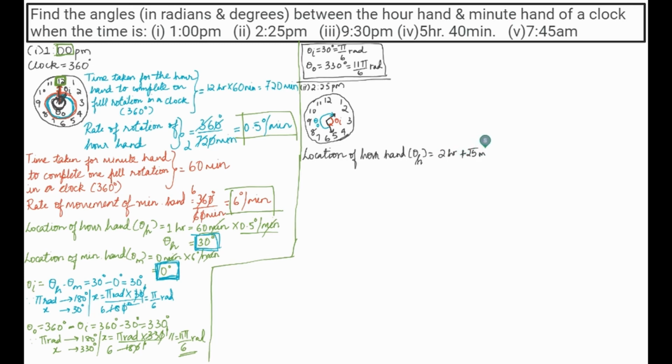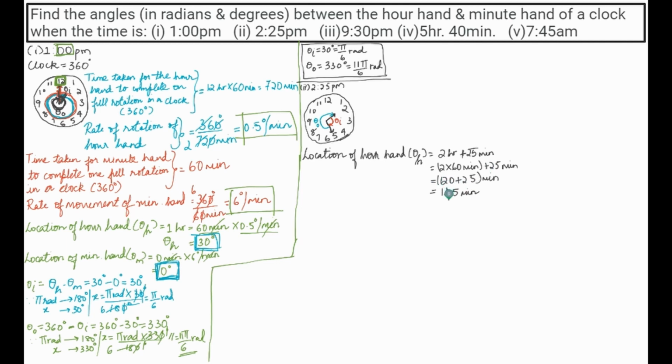In terms of minutes, it is equal to 2 into 60 minutes plus 25 minutes, which is equal to 120 plus 25 minutes, which is equal to 145 minutes. So our hour hand has traveled 145 minutes out of 720 minutes.